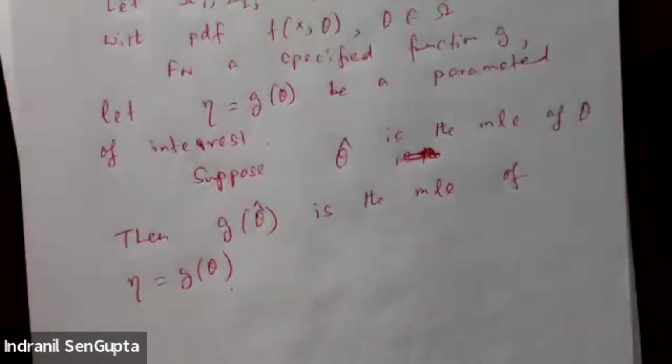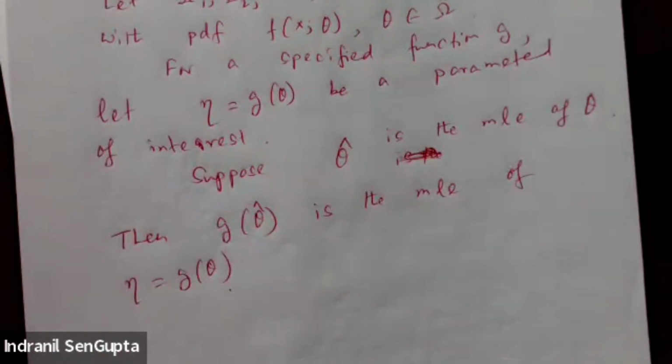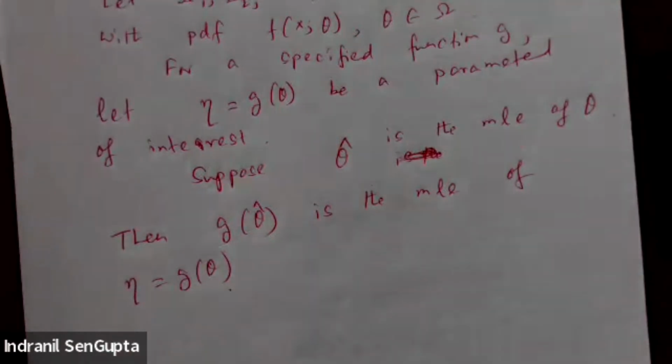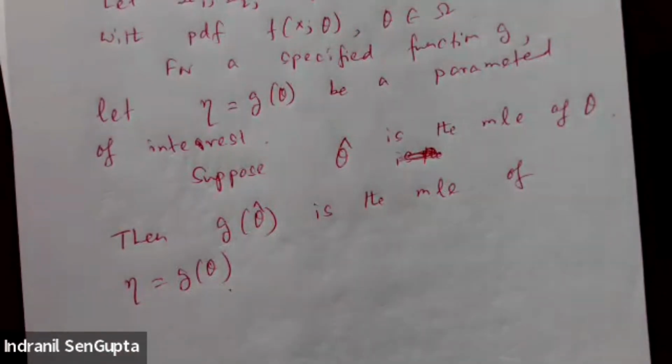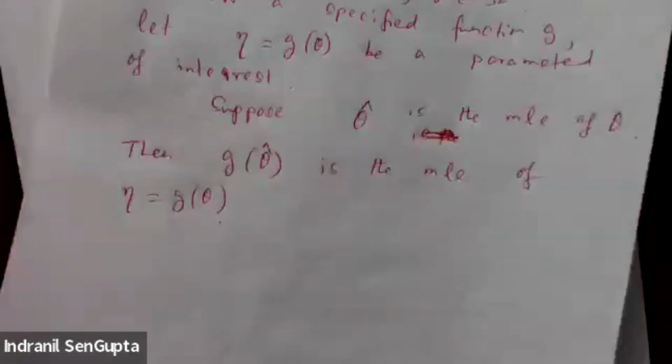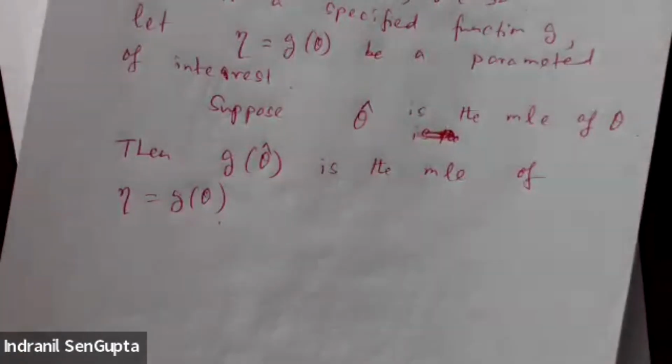So this is a pretty simple property, but it's one of the most significant properties of the maximum likelihood estimator, as we'll see later, because it's very useful. We can use this for a lot of different problems. Like, let's try this one.